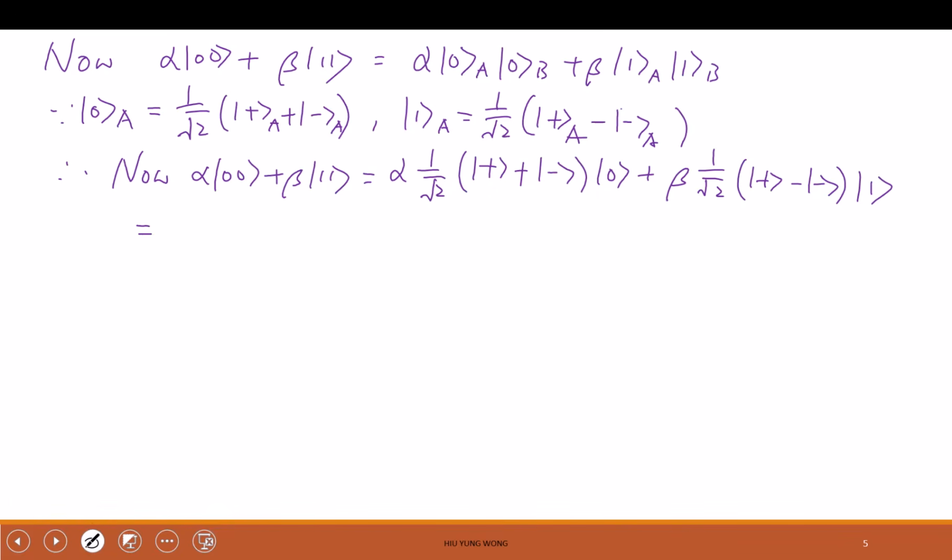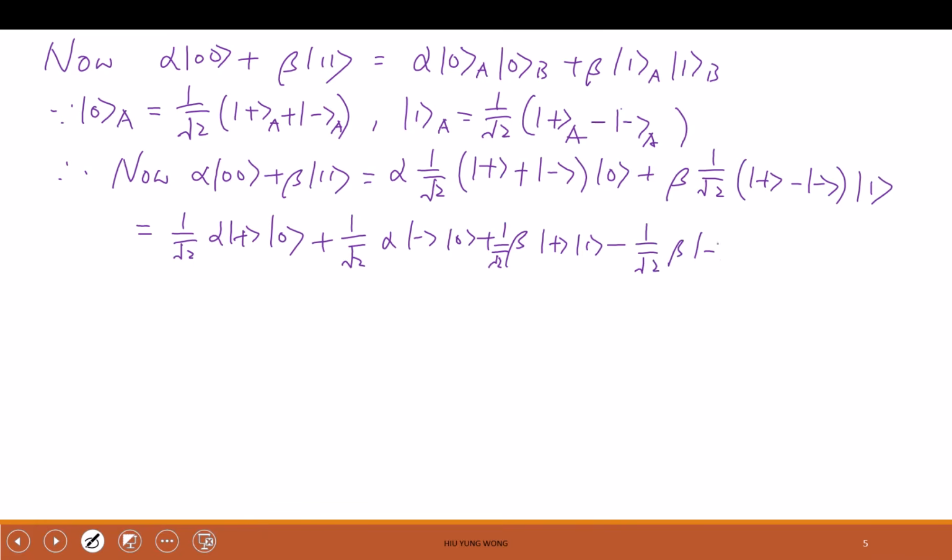Now, what I'm going to do is just continue, but instead of last time, I jumped too fast. I am going to do it term by term. So I have 1 over square root 2 alpha |+>|0> plus 1 over square root 2 alpha |->|0> plus 1 over square root 2 beta |+>|1> minus 1 over square root 2 beta |->|1>.